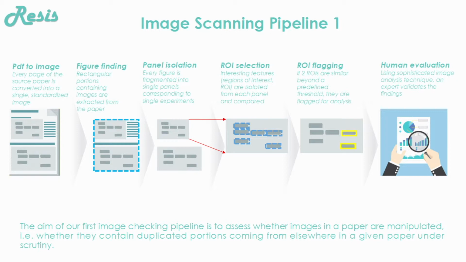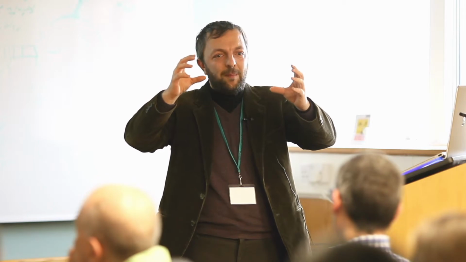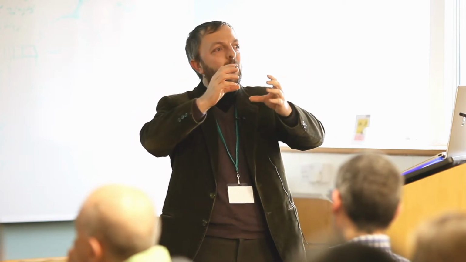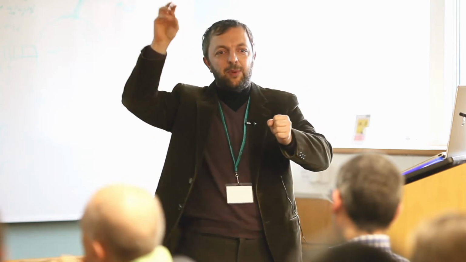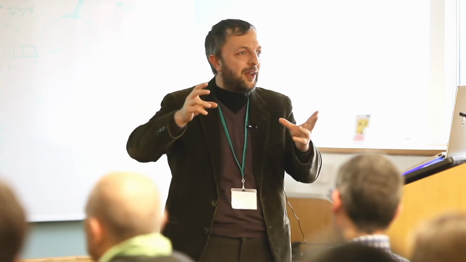These are called regions of interest, ROI. Then you compare these regions of interest one by one. You align them and see whether they are the same, whether there was a duplication of a band, a duplication of a cell, or a duplication of some other feature in the image. Then you pass this to a human analyst to confirm or disprove a finding.